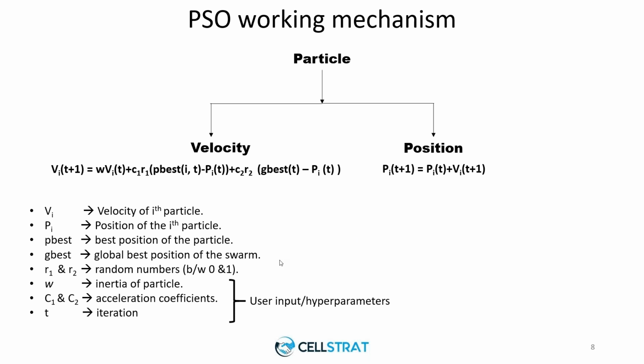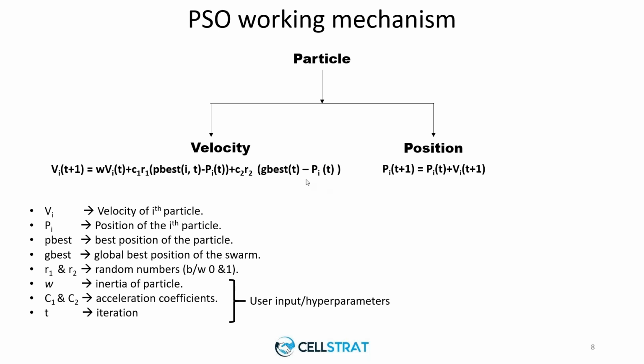In the velocity equation, you have the new velocity for time step t plus 1, which is the weighted product of w into the previous velocity at time step t. Then you have two expressions on the right, where you compare the current particle's best position minus pi(t), and the global best minus pi(t). So you are applying the relative addition of personal best versus previous position, and global best versus previous position.